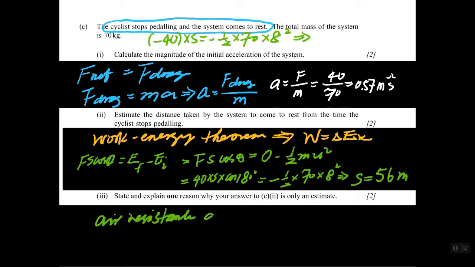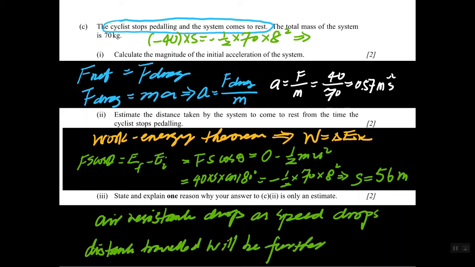So air resistance drops as the speed decreases. We know drag force is proportional to velocity squared. So velocity decreasing means drag force decreases, which means air resistance decreases as speed decreases. That means the distance traveled will be farther.